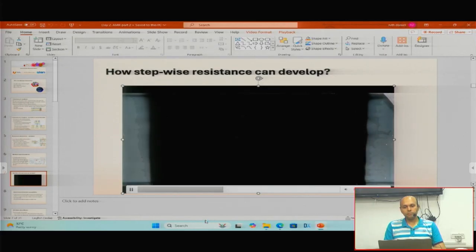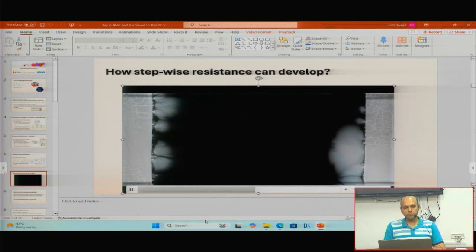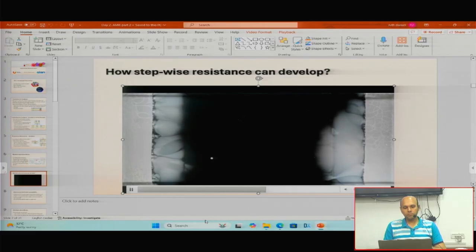You see this in the area where there's no antibiotic, up to where bacteria can no longer survive. A mutant appears that is resistant to the antibiotic, and it has to compete with other mutants around it. Usually it has to pause and develop new mutations to survive 10 times as much antibiotic.